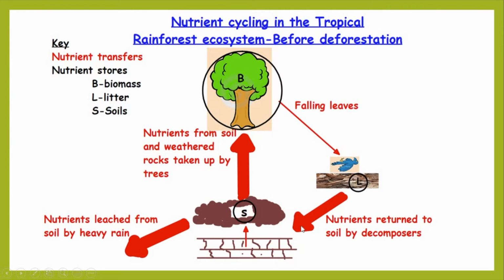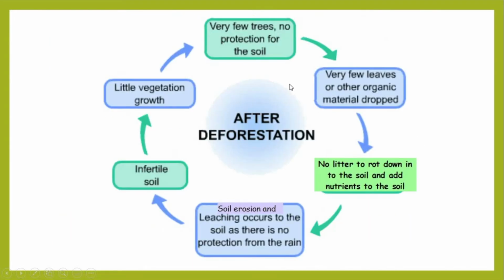So instead of this cycle, you've now got a very different feedback loop. So there's very few or no trees to protect the soil, which means there's very few leaves or other organic, natural material being dropped. There's no animals in the region either, which means that there's no litter store to rot down to add the nutrients back to the soil. And that means, number one, the soil becomes infertile.